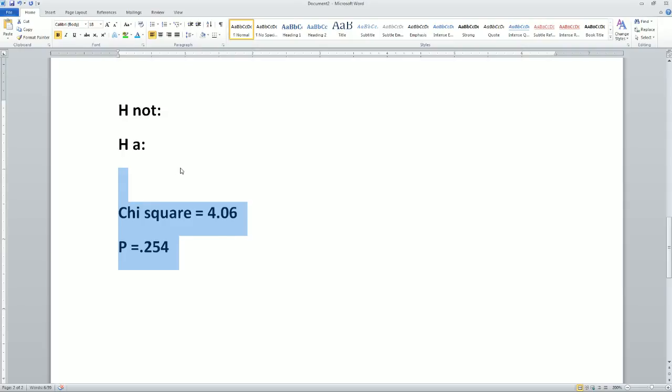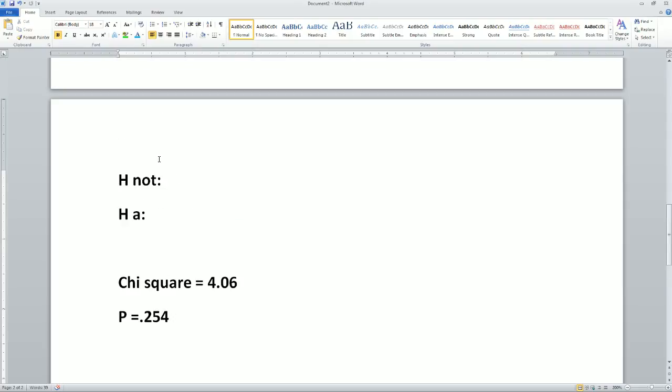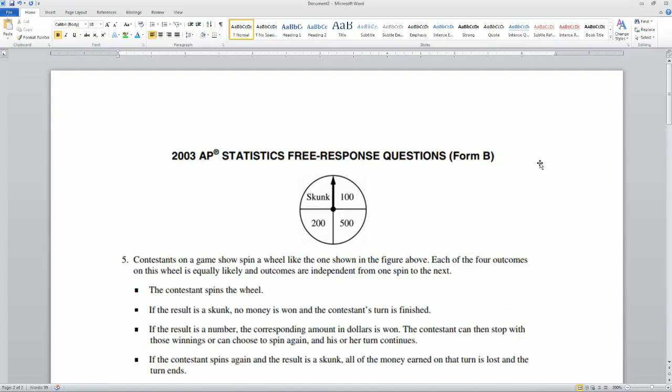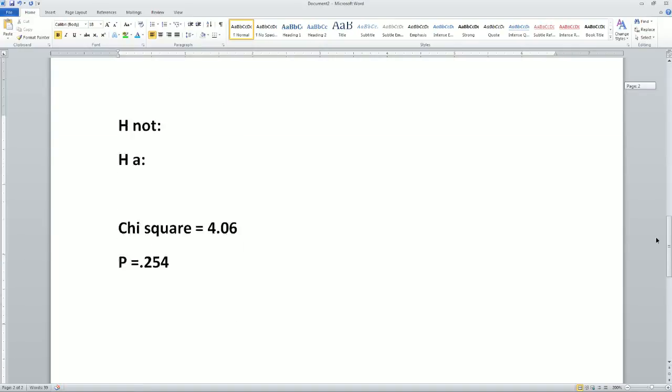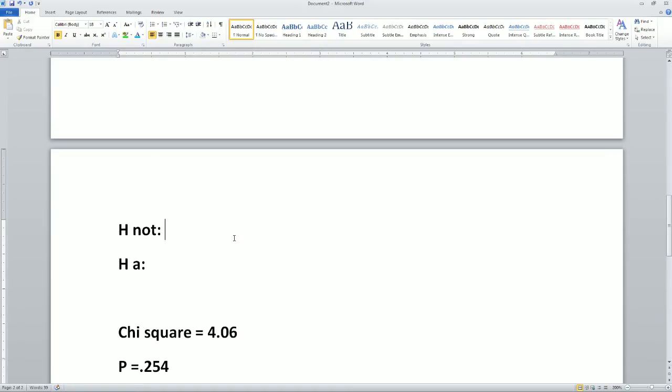So that was your answer, right? What was your H naught and what was your HA? H naught is that the four outcomes on this wheel are equally likely, and the HA is that they are not equally likely.